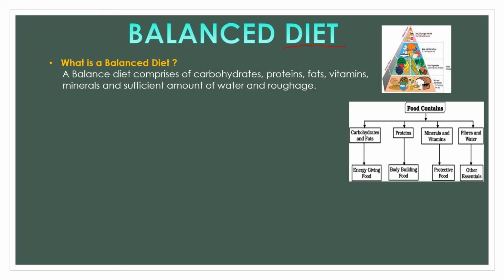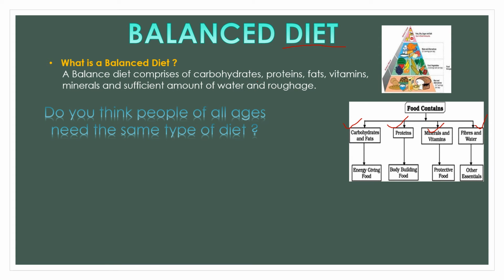For growth and maintenance of good health, our diet should have all the nutrients like carbohydrates, proteins, minerals and vitamins, fibers and water, but in the right quantities, not too much of one and not too little of the other. So, a balanced diet comprises carbohydrates, proteins, fats, vitamins, minerals, and sufficient amounts of water and roughage.